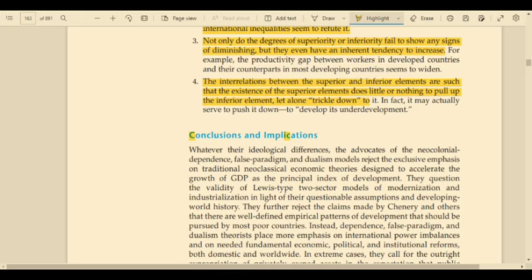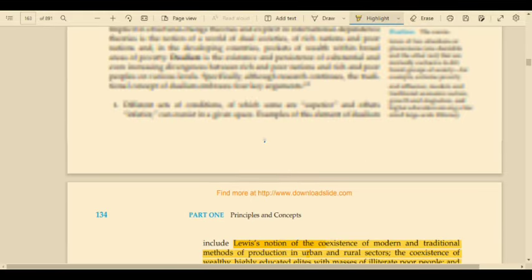Okay, so this was all about our neo-colonial model, the false paradigm model, and the dual development thesis model.